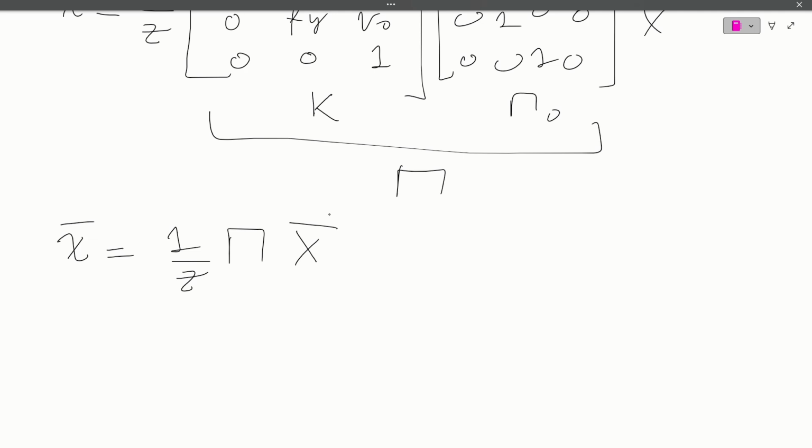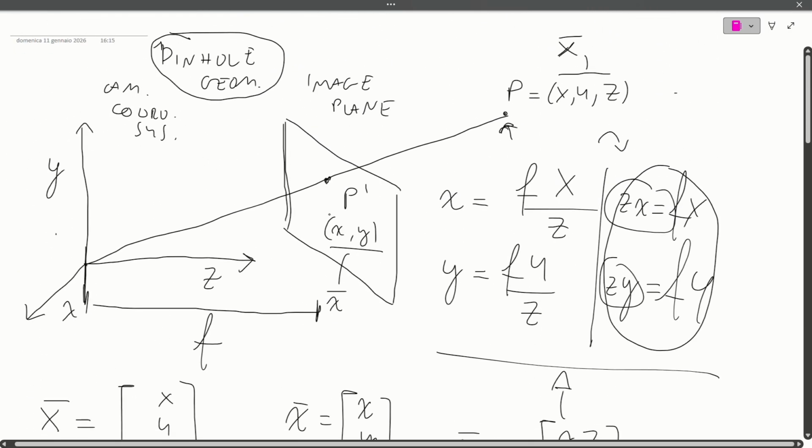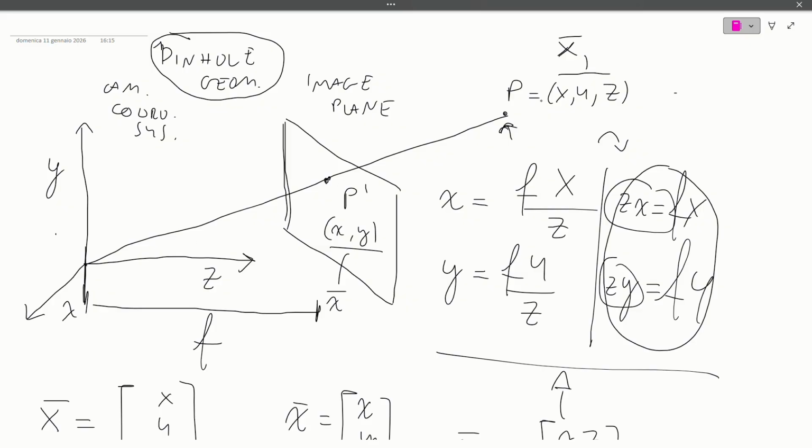Why is it not complete? Because from the beginning we are dealing with points and projection, but we are just adjusting the coordinates.